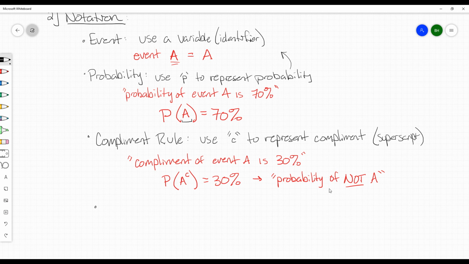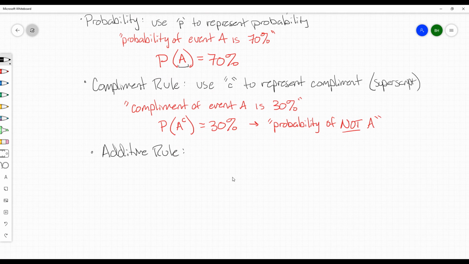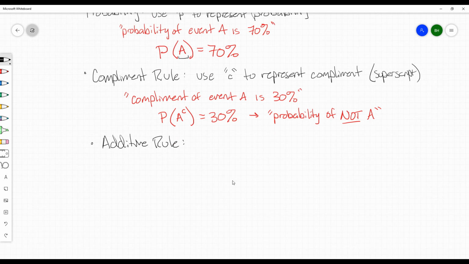Okay. Next, we follow up with the additive rule. And there's going to be a new notation that I'm going to show you today, just to make it a little bit simpler. We're going to be using a U to represent the word or in the additive rule.